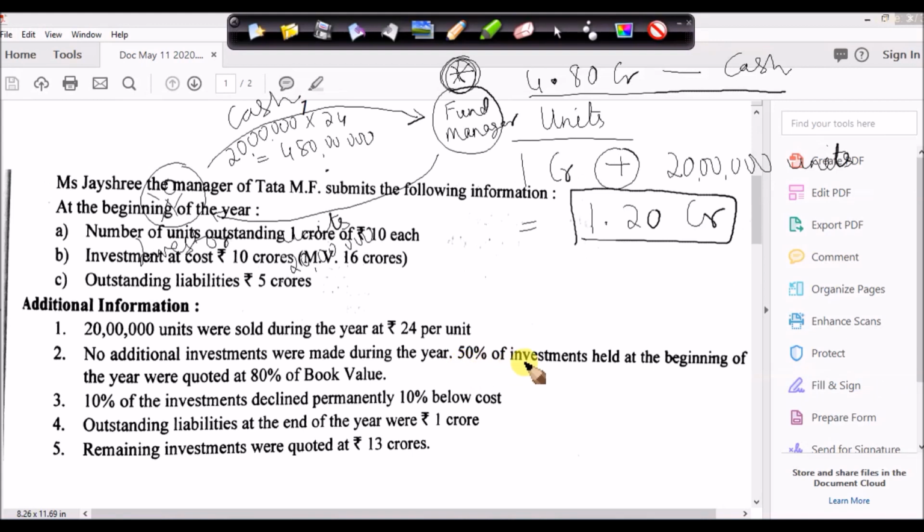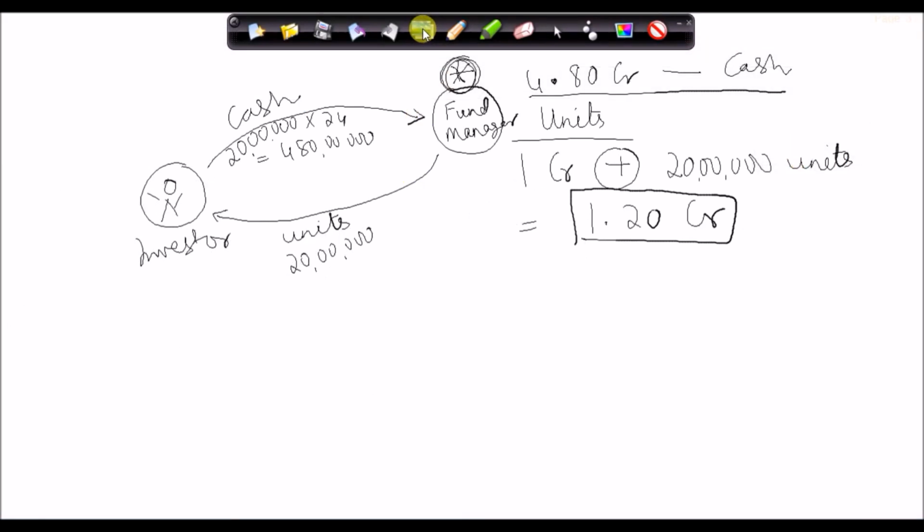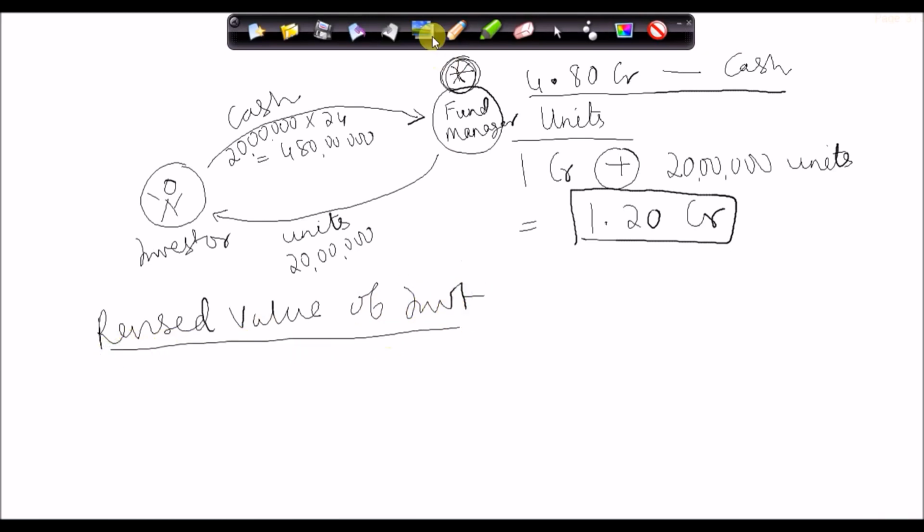Okay. Then 50% of the investments held at the beginning of the year were quoted at 80% of the book value. Now they are going to give you a revision, and you have to find the revised value of investments.